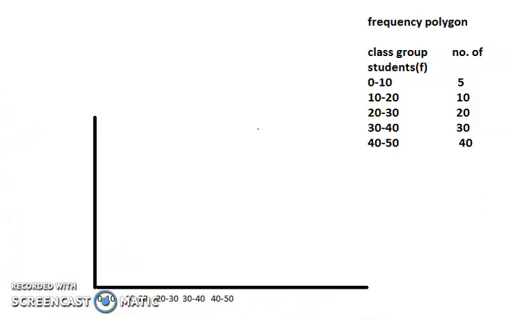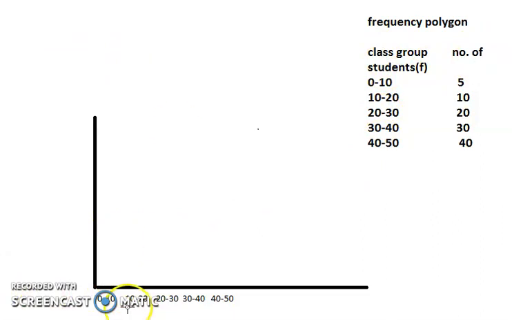You all know how to draw the bar diagram. Basically, for the frequency distribution we first need to plot a bar diagram. Bar diagram means between two bars there will be a space. Where there is no space between the bars, that is called a histogram. So first I have drawn a horizontal line, that is the x-axis. Now I need to mark these class groups.